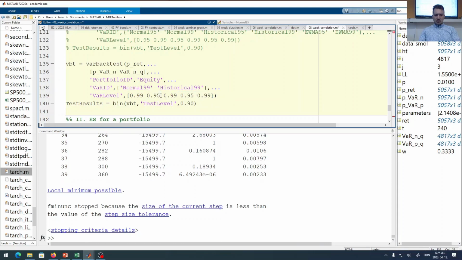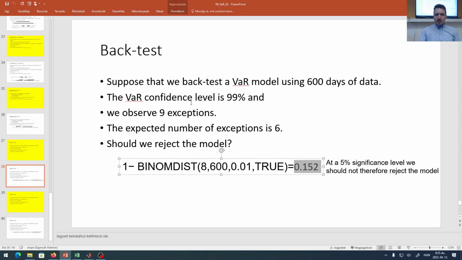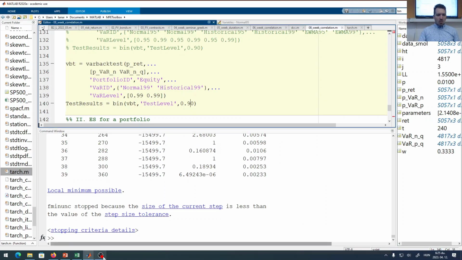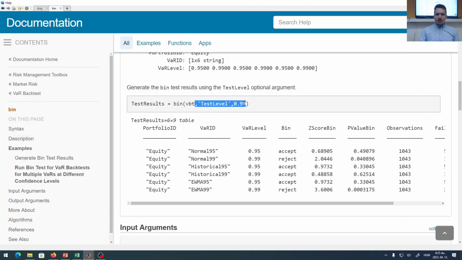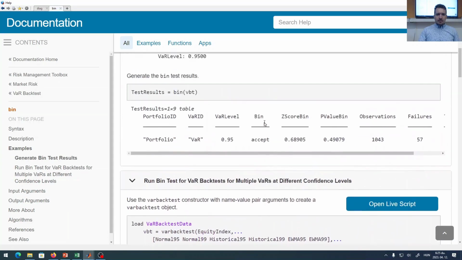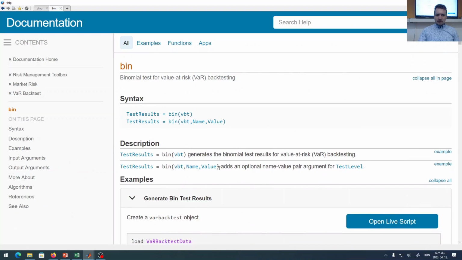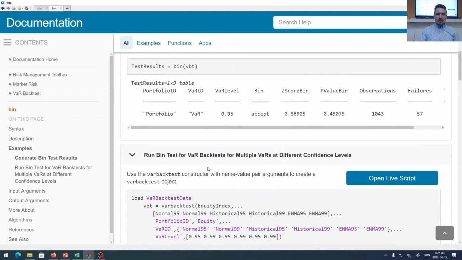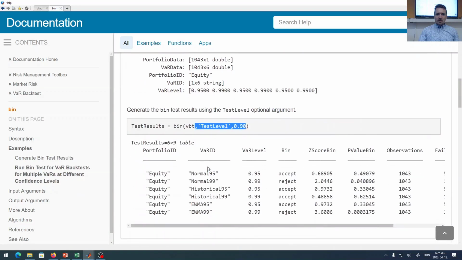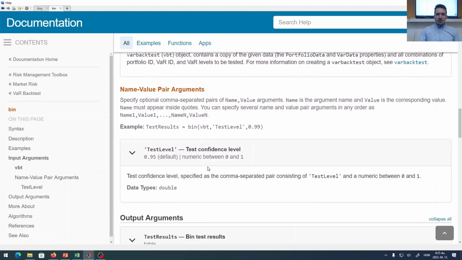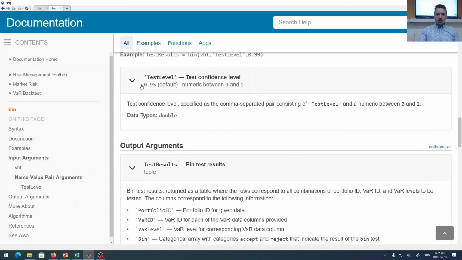I think we should also give it here, because the right amount of variables requires the right amount of conf intervals. And then, what is this? Yeah, test level.